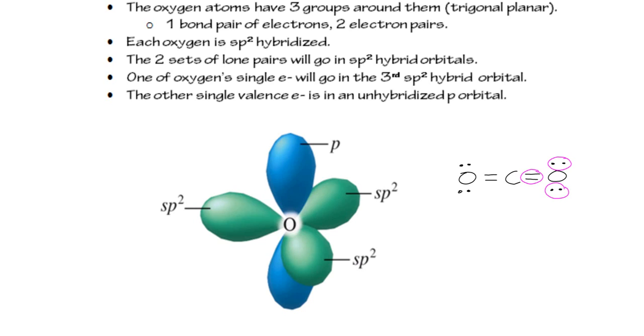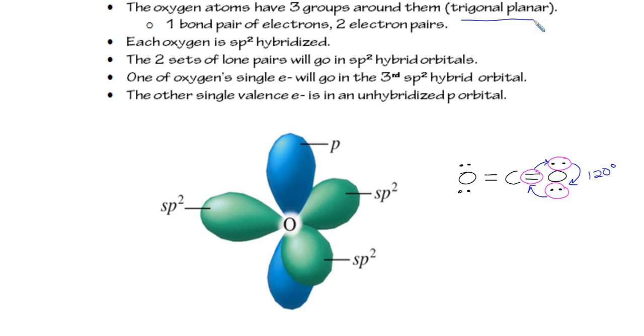That's going to create 120 degree bond angles. The oxygens are trigonal planar. And so what they're going to do is say something like, what's the geometry around the carbon? What's the bond angle around the carbon? And I'd say, okay, well the carbon is linear with 180 degree bond angles to each oxygen.